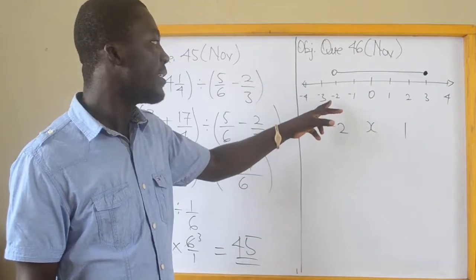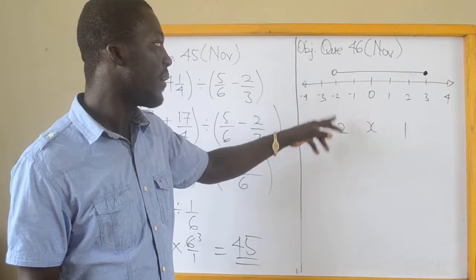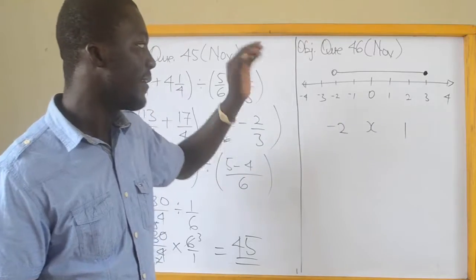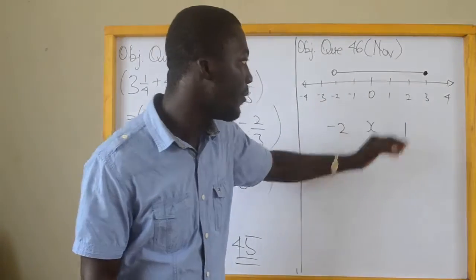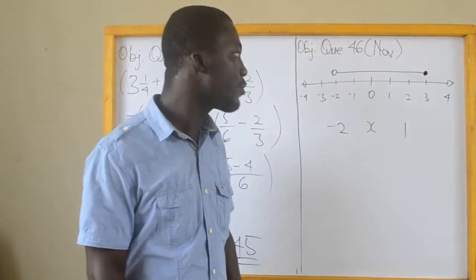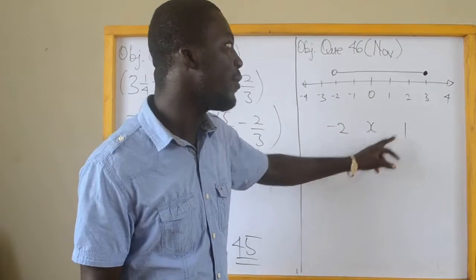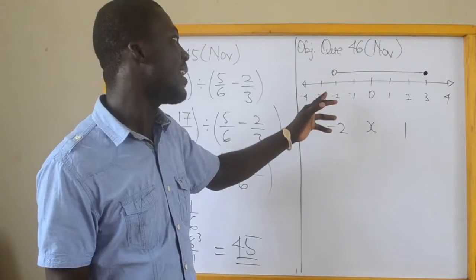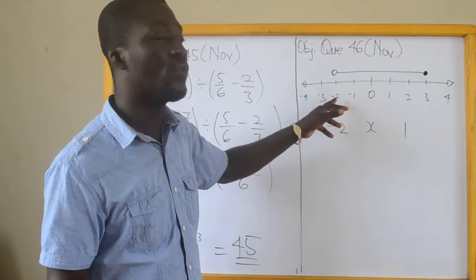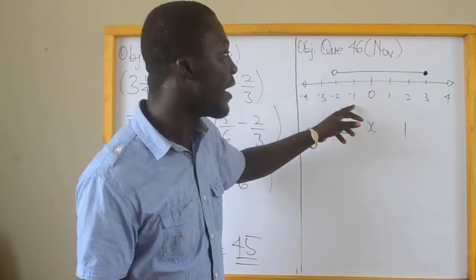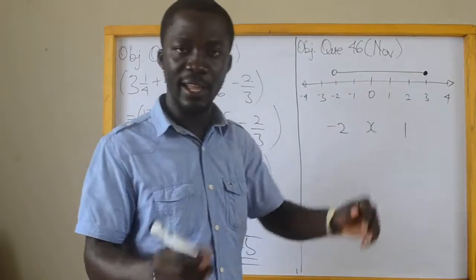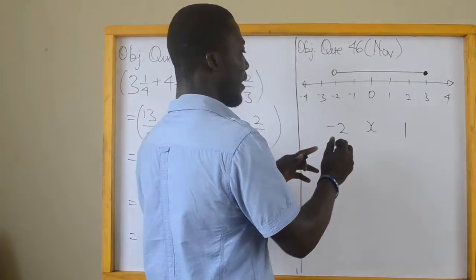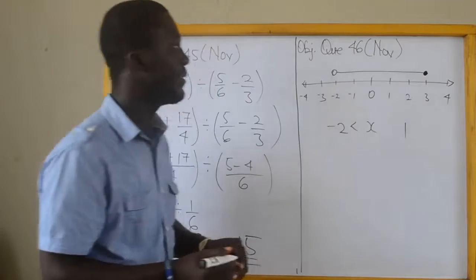So -2 should be less than the range of values in the middle, which will also be less or equal to 3. The value shouldn't be greater than 3. It starts from -2 exclusive and moves to -1 up to 3 inclusive. So if it is exclusive, we are going to use less than.